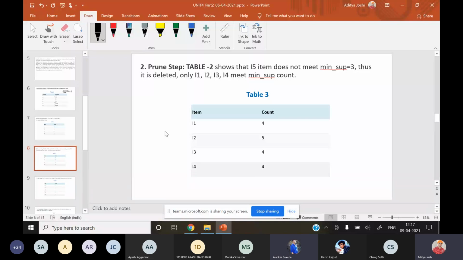Thus, it is removed from the database, right? Now we will have only 4 items, that is I1, I2, I3, I4, that meet the minimum support count, right? So these are equal to or greater than the minimum support count. So these are all greater than 3, right? So we will have these items in the data set, right? So make this table also. Okay? This is the prune step.